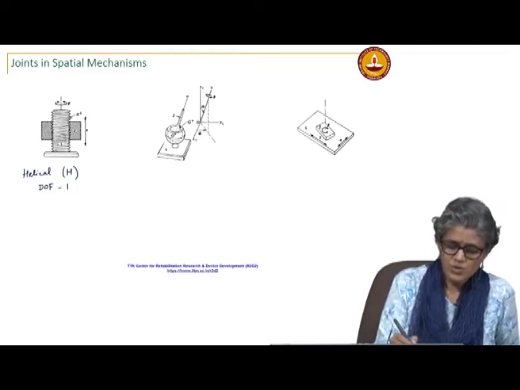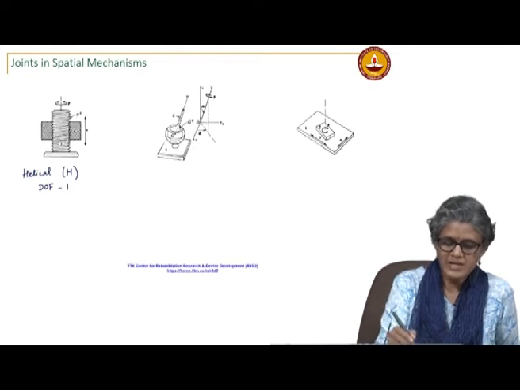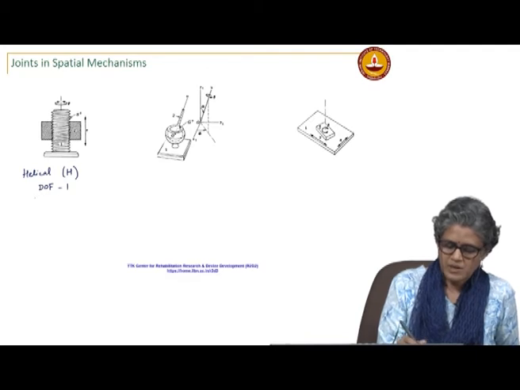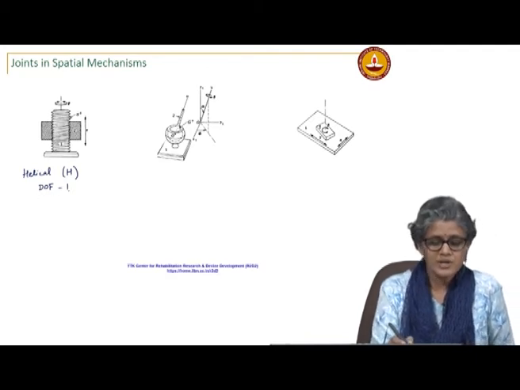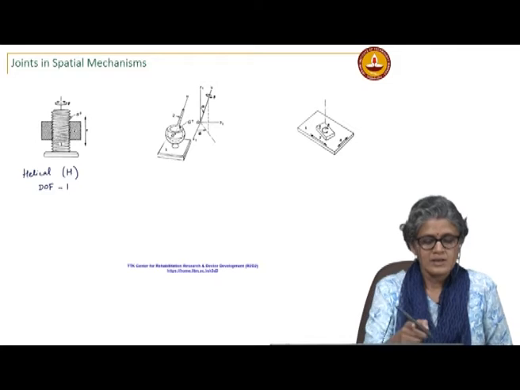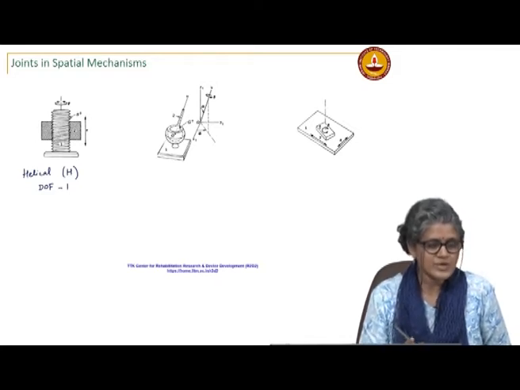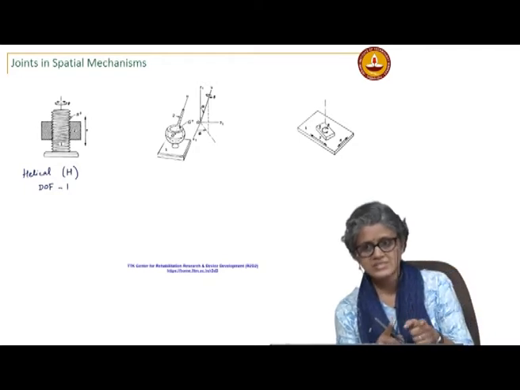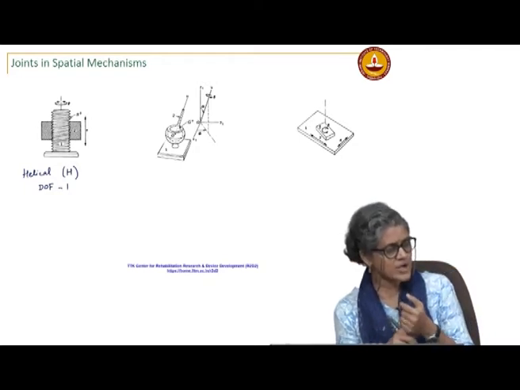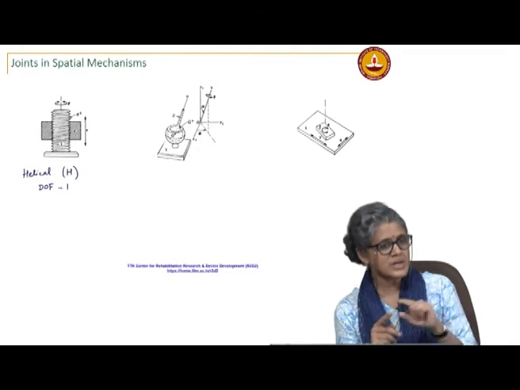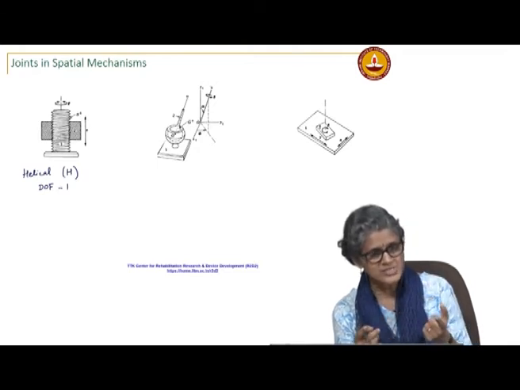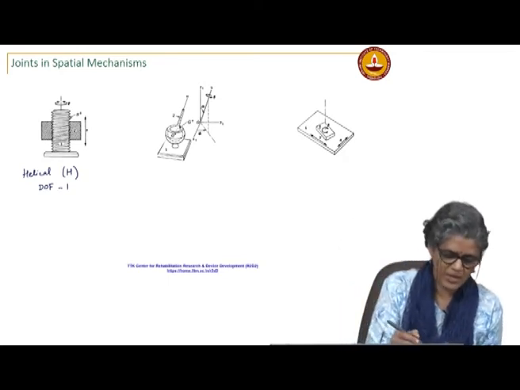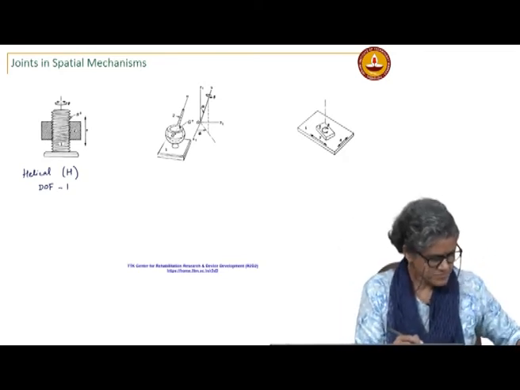So, you have a definite relationship between the two and therefore it is a 1 degree of freedom joint. But again the axis of rotation and the axis of translation are the same here, like the cylindric joint, but in the cylindric joint the two motions are independent. Here the two motions are related, degree of freedom is 1.